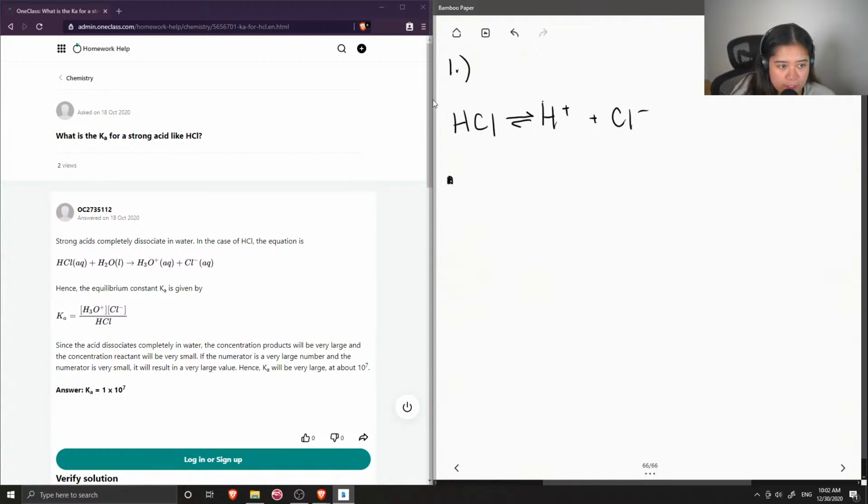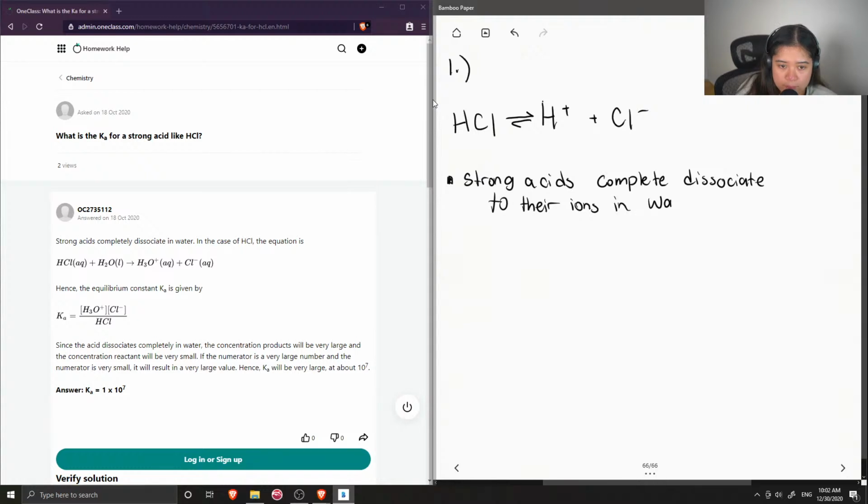So I'll just write that down. Strong acids completely dissociate to their ions in water.